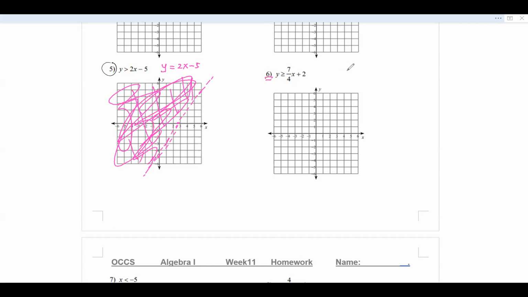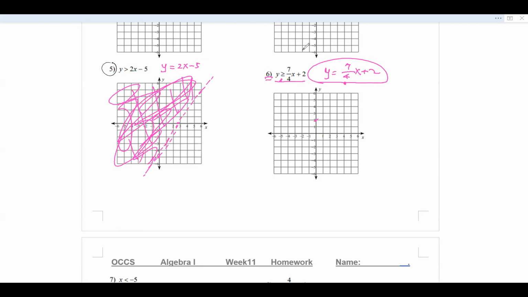Let's see number 6. Here it has including. So when we change it into an equation first, we can use the solid line, right? It passes 4. If x equals 4, y equals what? 9. So 4, 9 should be somewhere here. It passes 0, 2, right?